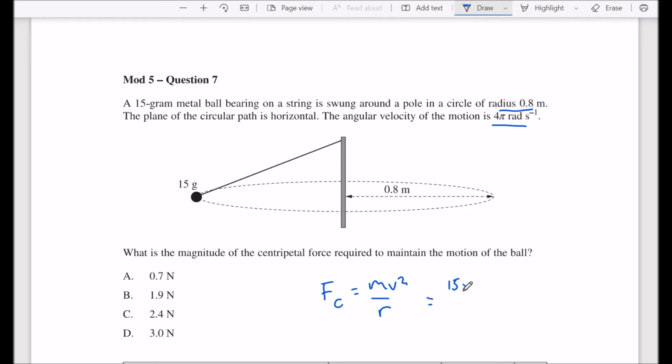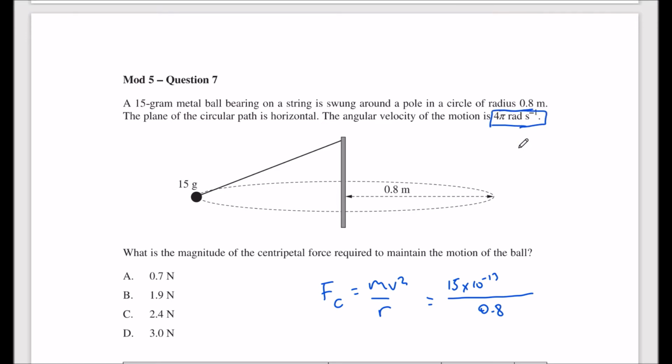We have 15 grams. We have the radius, which is 0.8. Then we have the angular velocity. So we need to try and convert angular velocity into linear velocity. The formula for that, from the top of my head, v equals r omega, omega being the angular velocity.